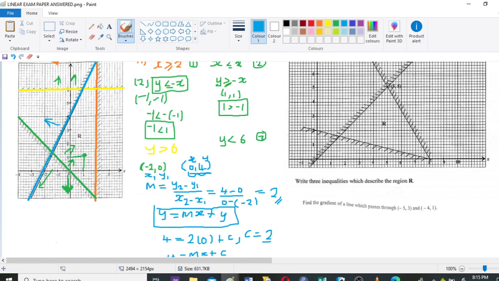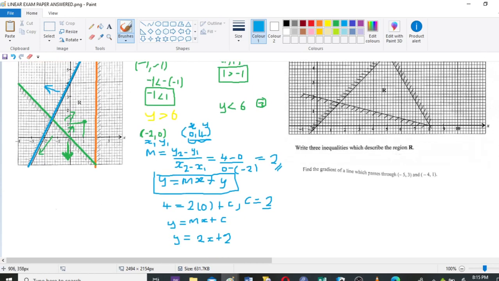That is what is describing the shaded part, which is the upward part, this part there, which is not part of region R. So if you want to get the region R, we write the opposite of what we have written.